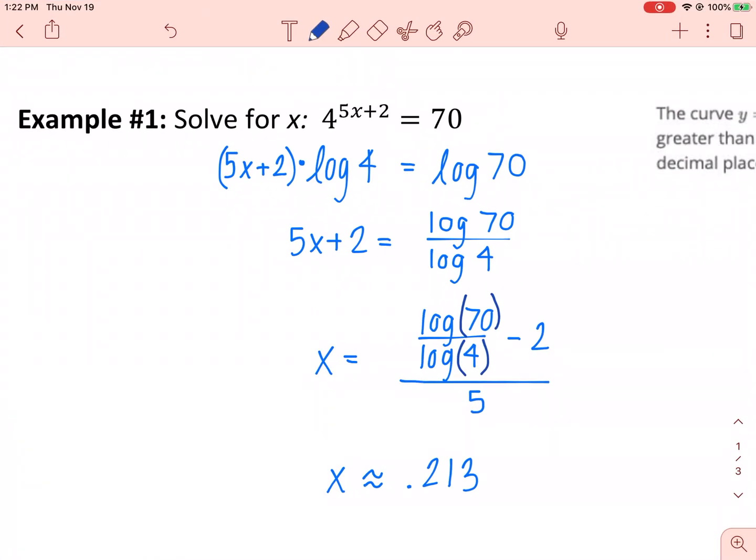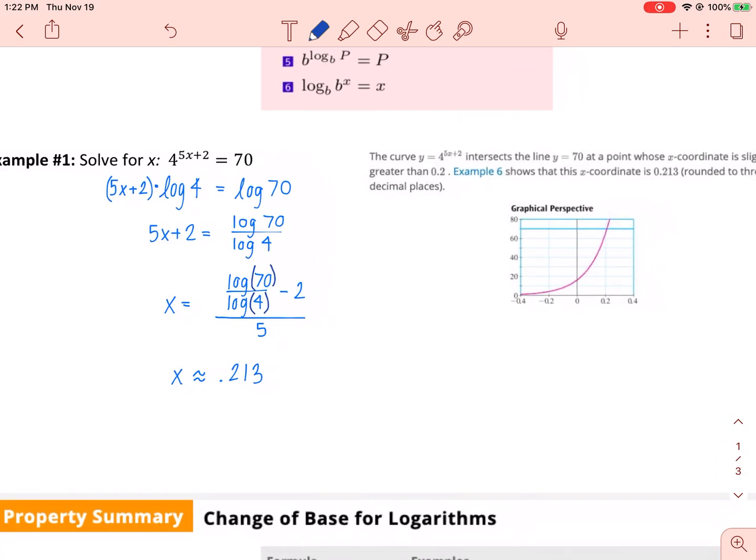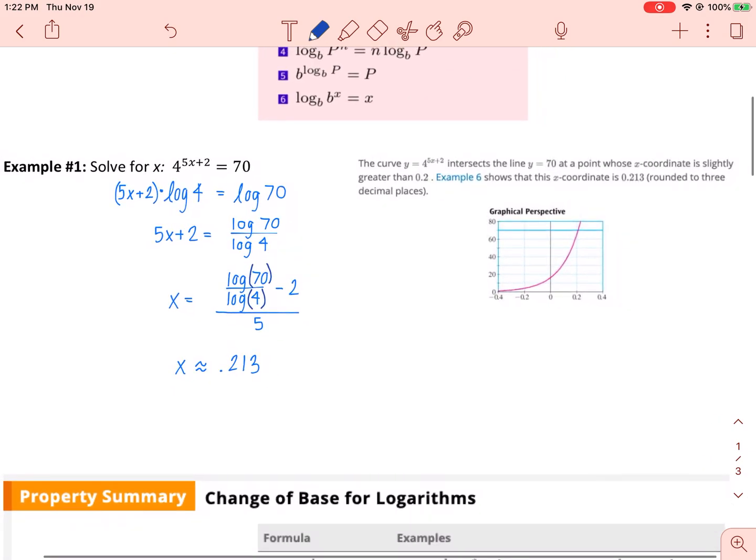Now we're going to look at this comparing to the graph. If you wanted to see this graphically, I could have in my y1 in my calculator the left side, 4 raised to the 5x plus 2, and then on y2 my second line would be 70. I'm finding where those 2 points intersect.